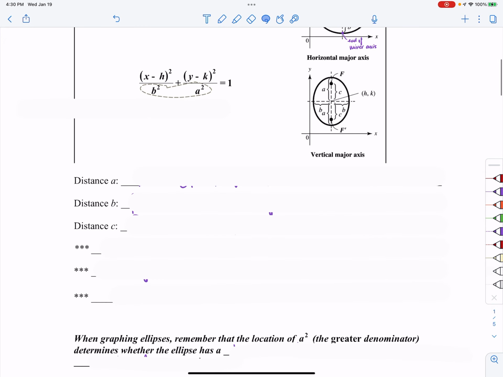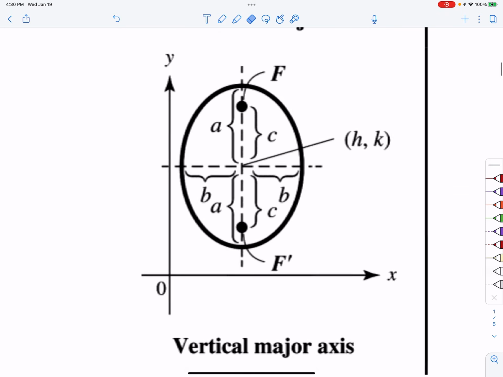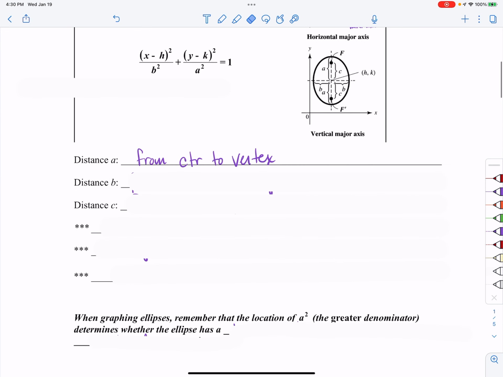Distance A is always going to be the distance from the center to the vertex. So if I go from the center to the vertex, this is going to be the distance of A. The distance of B is going to be from the center to the end of the minor axis.